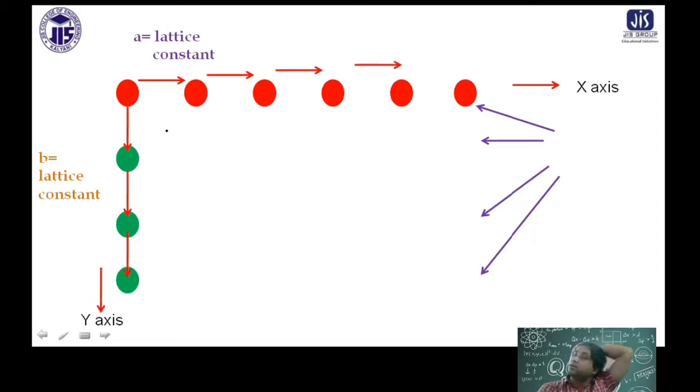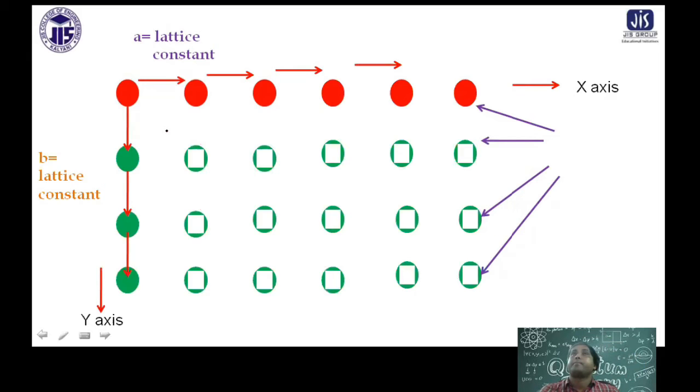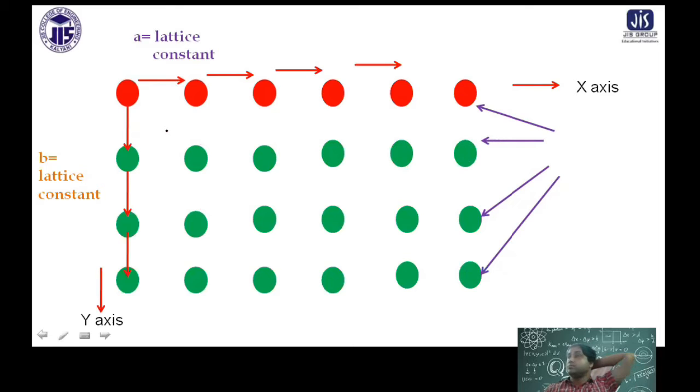So what you notice is a definite periodic arrangement of atoms or molecules, or even points, that make a crystal lattice. Here a is the lattice constant, b is the lattice constant along y direction, and this is a plot of the 2D view of the whole situation.